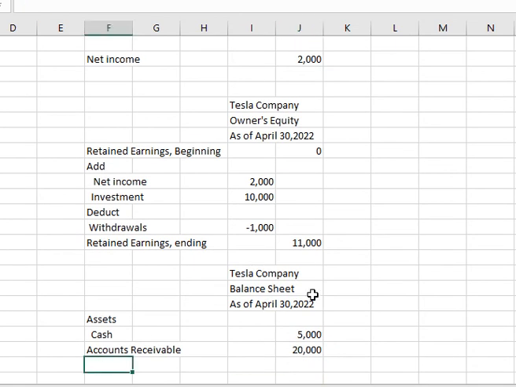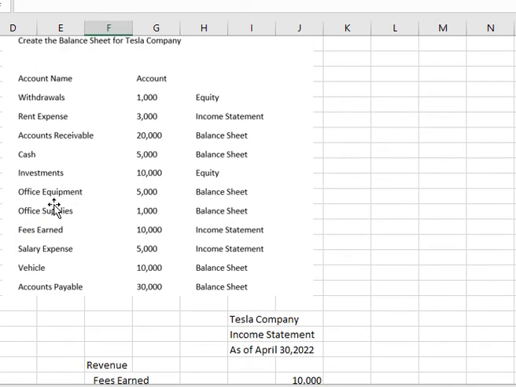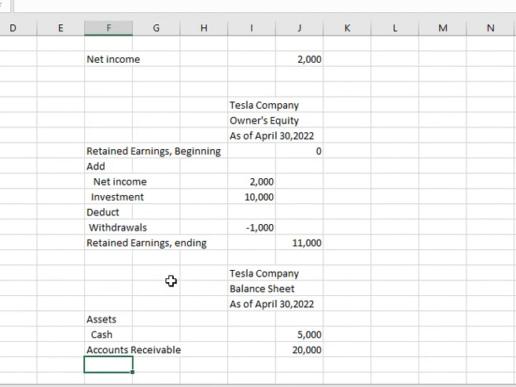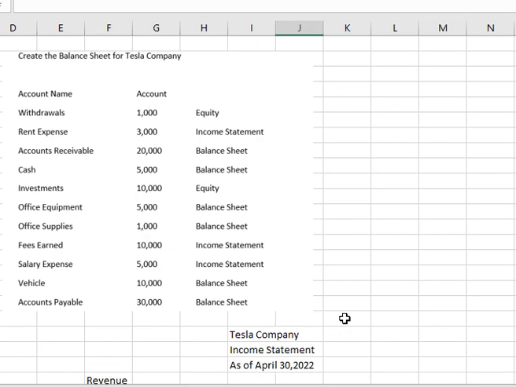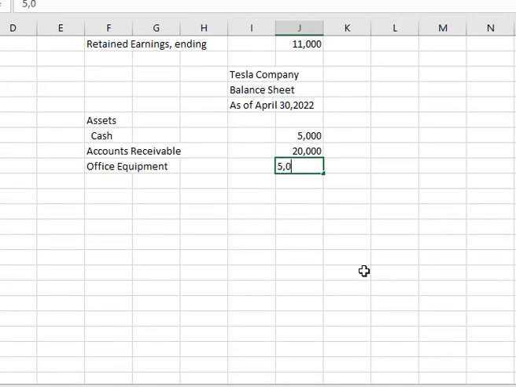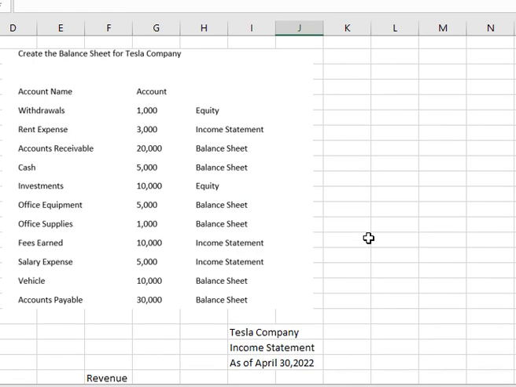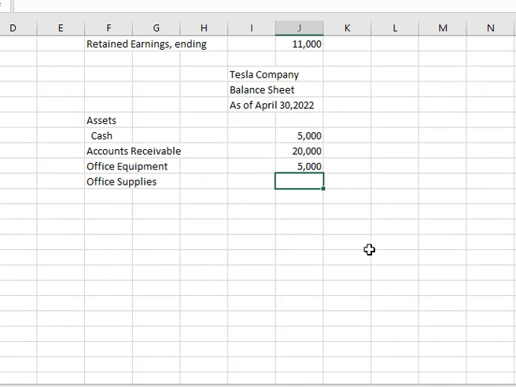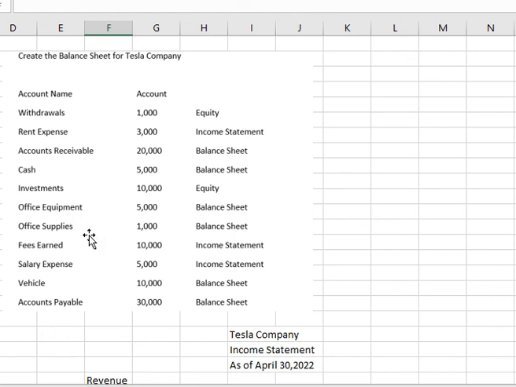The next one, office equipment. That's 5,000. Office supplies, we know that should be 1,000.